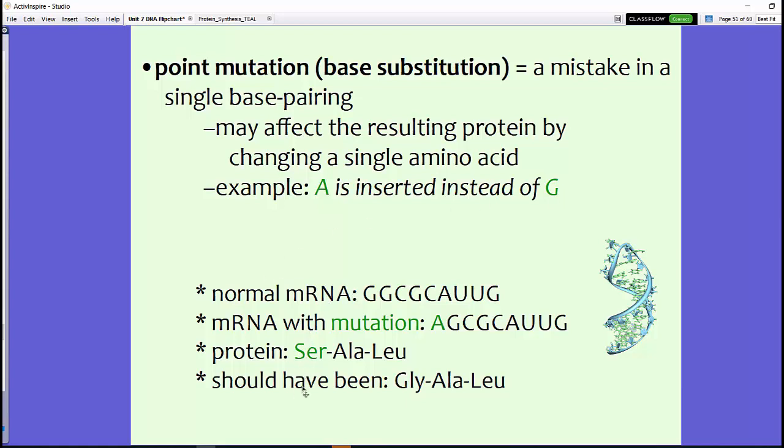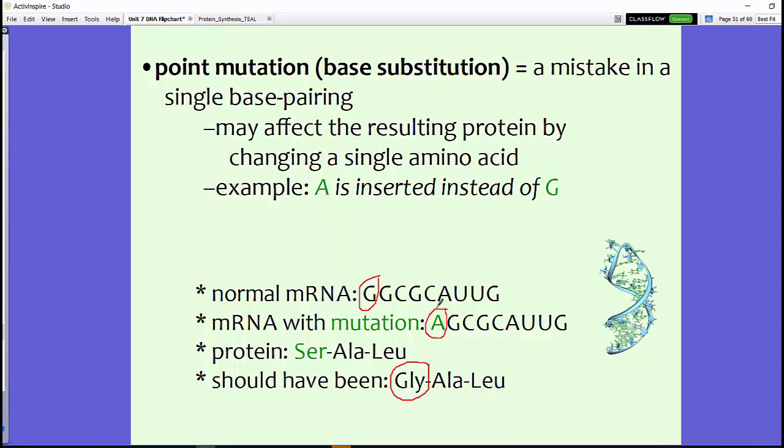So let's take a look at this example here, and I'll change to the pen so we can see. A normal mRNA sequence might read this with a couple G's, C's, and so on. But let's say that particular G in this normal mRNA has now been replaced by an A. Now, if we were to read our codon chart, we would see that the amino acid should have been GLY, glycine.